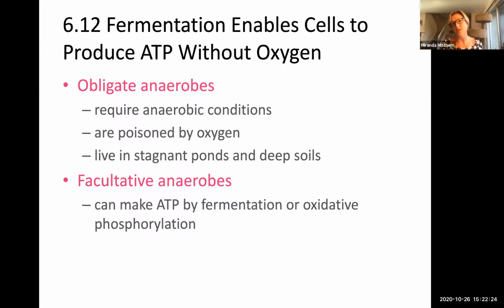Basically, if oxygen's present, they're going to utilize oxygen because it's much more efficient, producing 32 to 36 ATP per 1 glucose, whereas anaerobic would only make 2 ATP per 1 glucose. So a facultative organism really has the best of both worlds, where it can metabolize depending upon the specific environmental conditions at the time. But importantly, facultative anaerobes are not poisoned by oxygen. So many yeast and bacteria fall into this category.